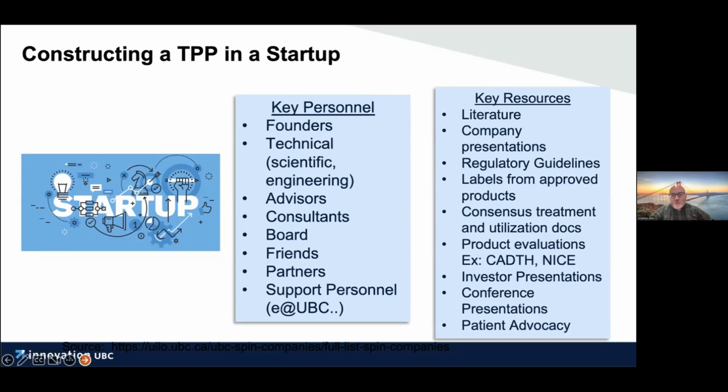And there's different groups that do product evaluations. So in Canada, it's CADTH. In the UK, it's NICE, and there's technology evaluation groups in the US. I think I mentioned investor presentations, conference presentations, and patient advocacy groups have a lot of information, especially for the rare disorders. And you can find out a lot, and it's really great to bring all this together and to put it into your TPP.